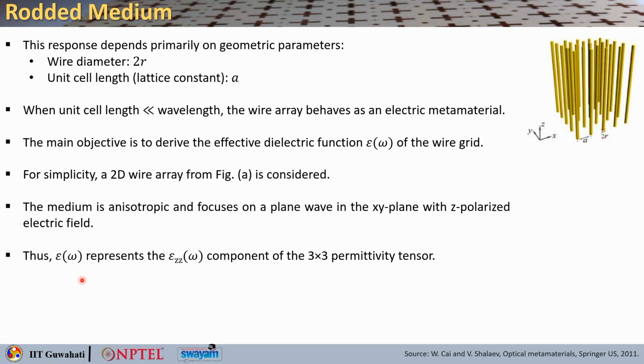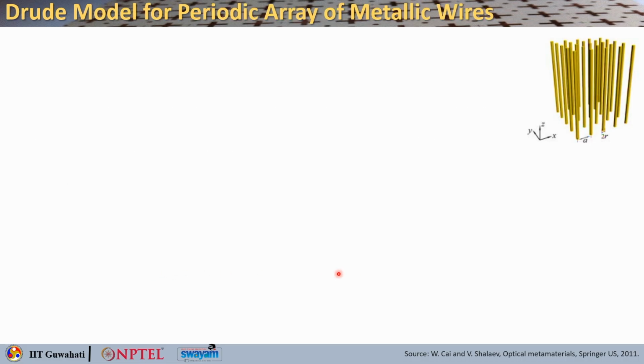So you can understand that we are only interested in that particular dimension. The permittivity epsilon of omega represents epsilon zz of omega, that is the zz component of the 3 by 3 permittivity tensor.